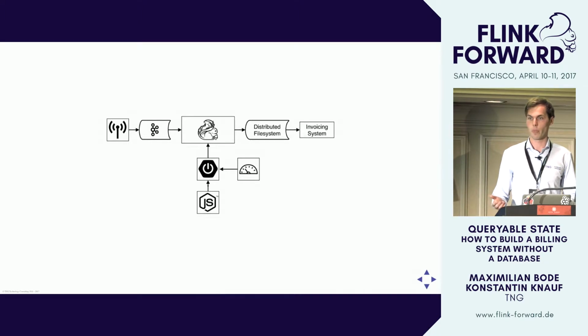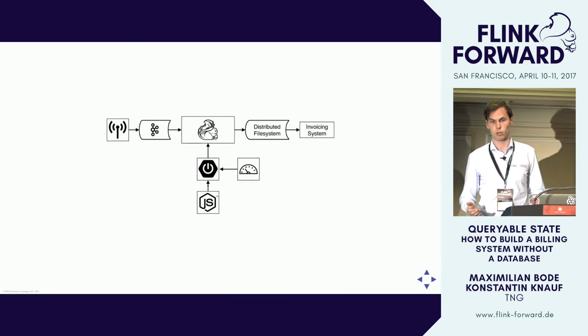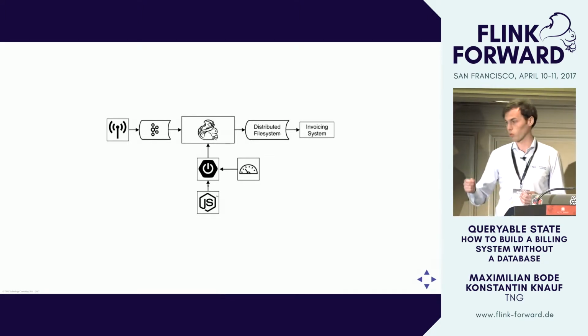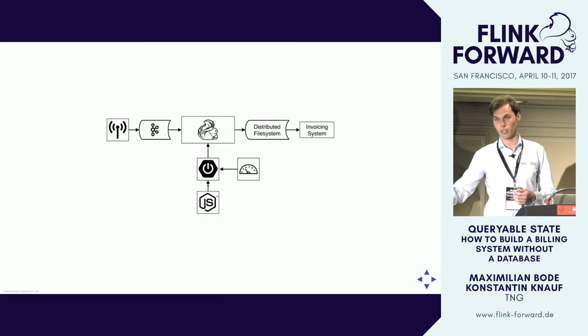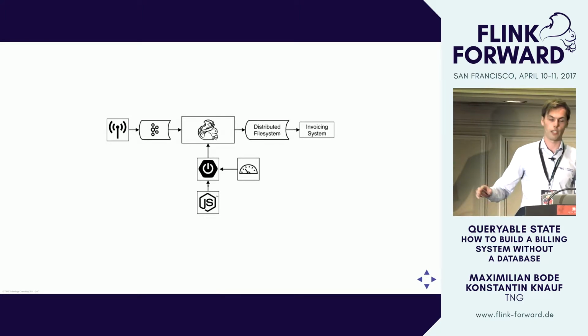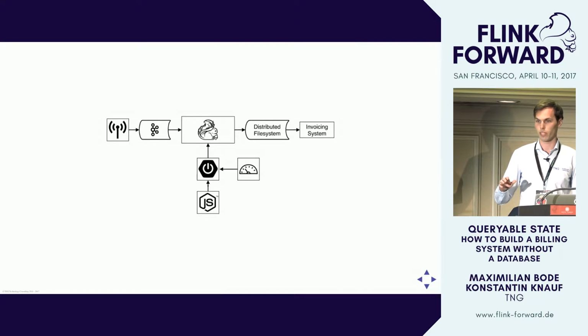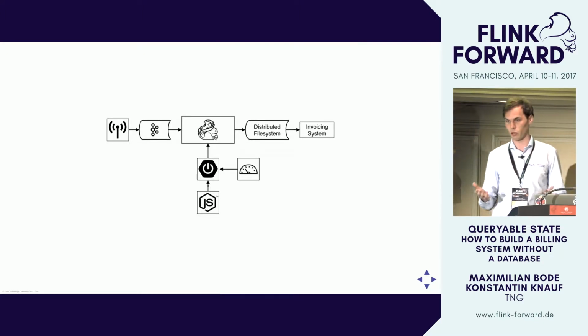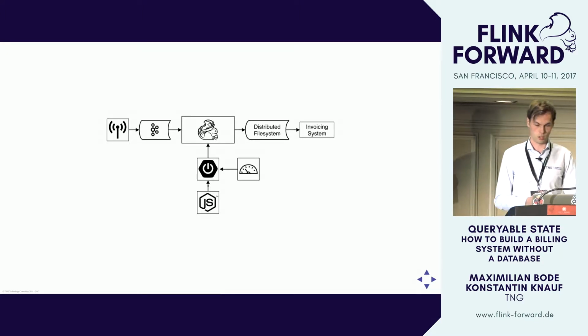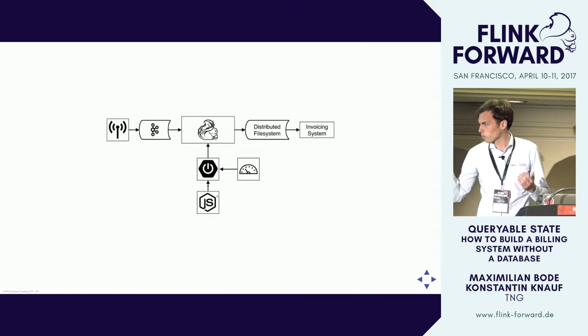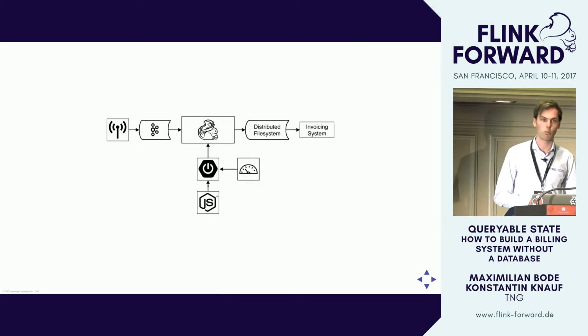Because in the event of failures, when you want to restore state, you can on the one hand rewind your Kafka source to the exact point, and you can also truncate in your distributed file system. So we don't have any duplication in the output. That's the main bill or invoice generation part.